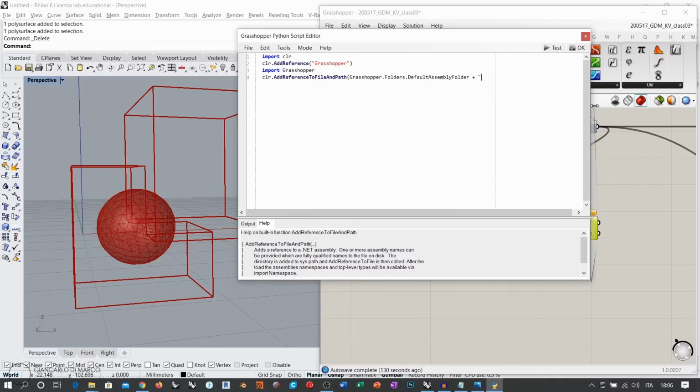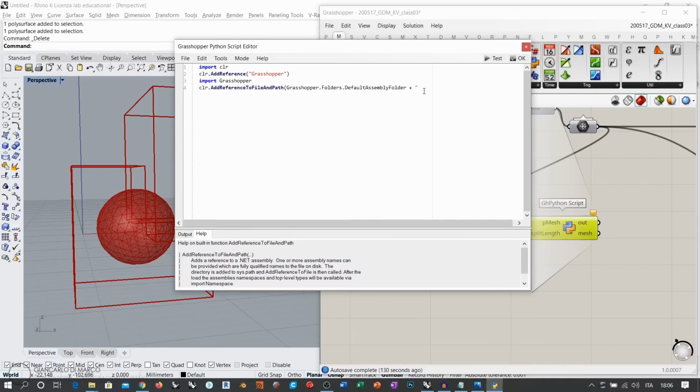It doesn't matter actually the order, but let's import plankton.dll as the first one. And I'm going to need another one of these. I'm not going to type it once again, so I'm going to select, copy, and paste this, and I'm going to use not DKK, but DLL. And I'm going to import also GHA, which is the Grasshopper assembly.